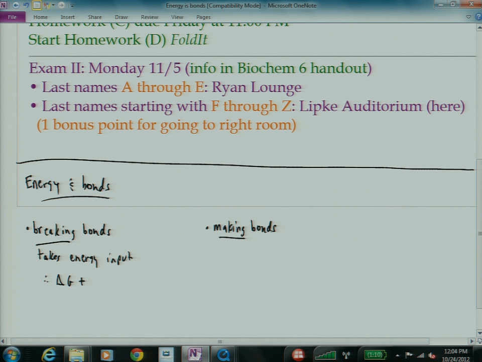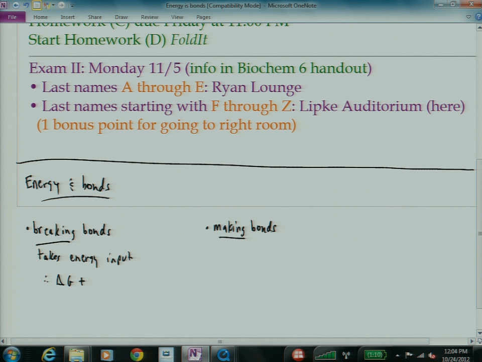Okay? If that's true, and you follow the rules for delta G, there's a natural conclusion about what making bonds should be, whether it's delta G minus or plus. So talk to your neighbor, get a consensus. If breaking bonds is delta G plus, what's making bonds got to be? All right. So think about it, talk to your neighbor, and we'll call a name.